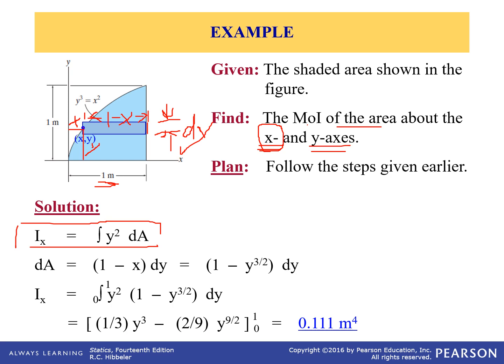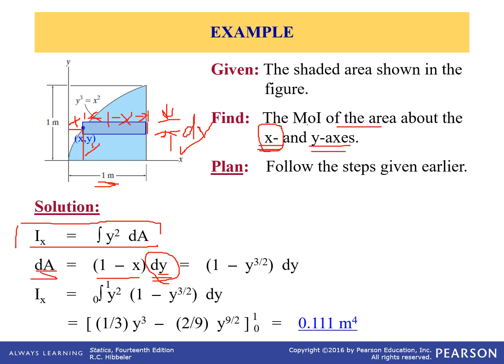So dA in terms of x and y is 1 minus x, which is the side along the x-axis, times dy, which is the side along the y-axis. Now, we're going to integrate over the y-axis, so everything needs to be expressed in terms of y.